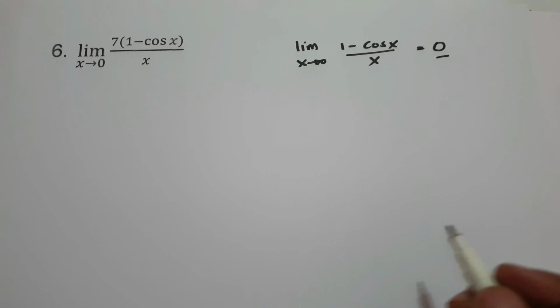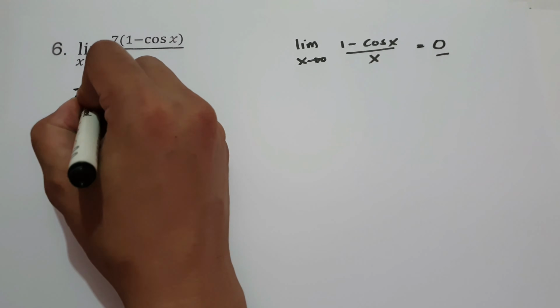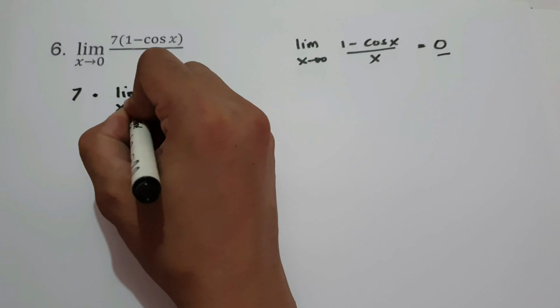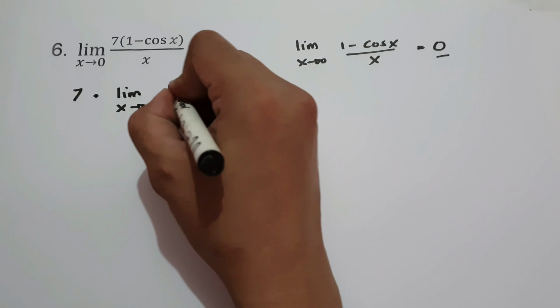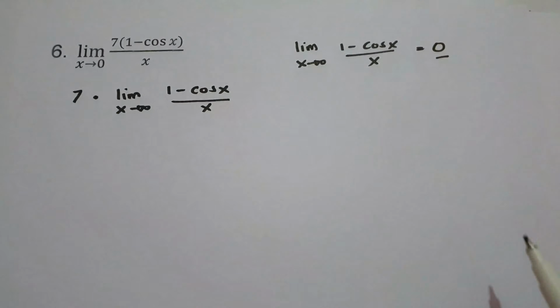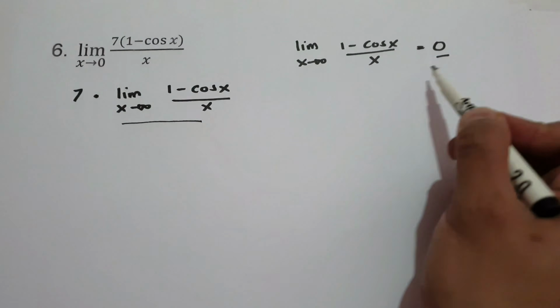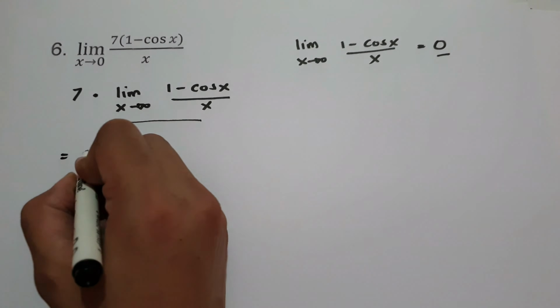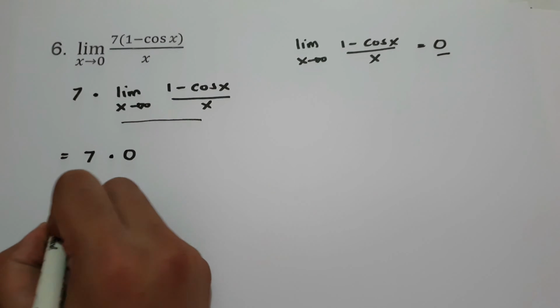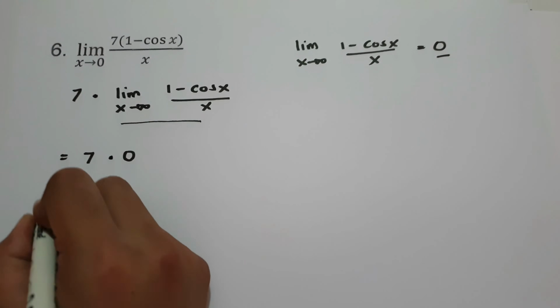So we have 7 times the limit as x approaches 0 of 1 minus cosine x over x. This expression is equal to 0, and that is 7 times 0. And 7 multiplied by 0 is 0, and this will be our answer.